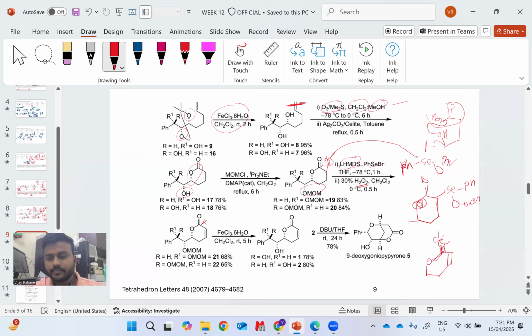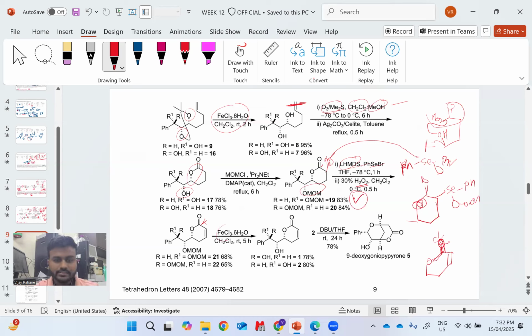So this is how we are able to prepare the alpha-beta unsaturated ketone or alpha-beta unsaturated acid or ester by using this kind of method: first add the SePh and then eliminate by using H2O2. This is the interesting step, and we have already seen examples of the use of PhSe in various reactions, and here particularly for the elimination reaction.